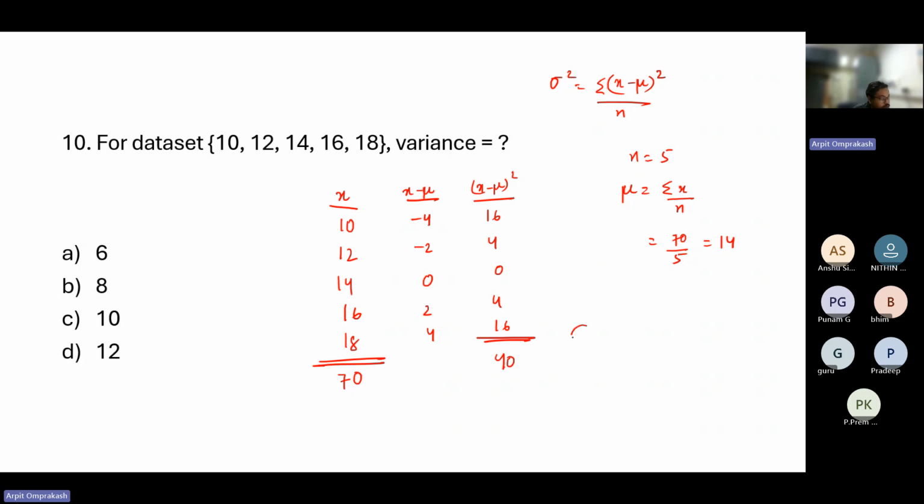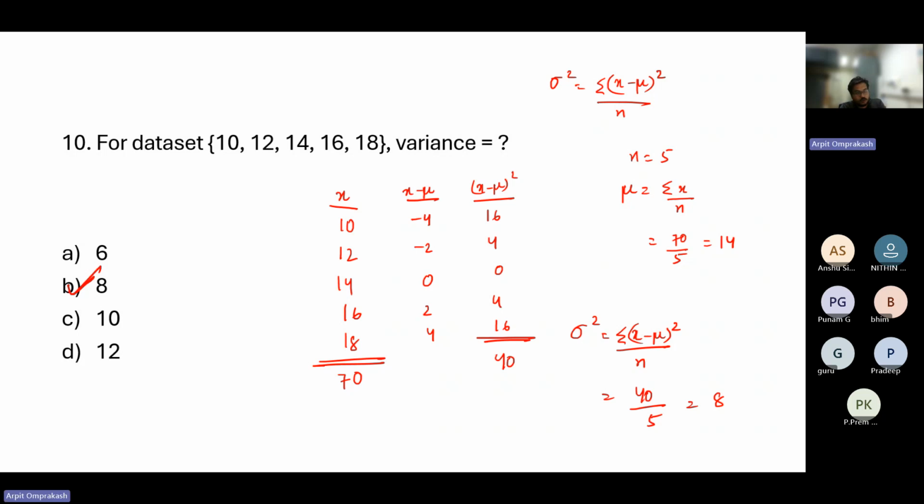So now we can calculate sigma square is equal to summation of x minus mu whole square divided by n. The summation turns out to be 40 here, and our n value is 5. So 40 by 5 is 8. The variance is 8.